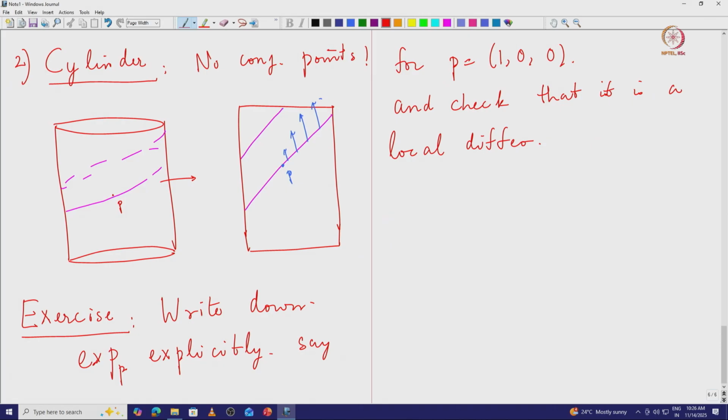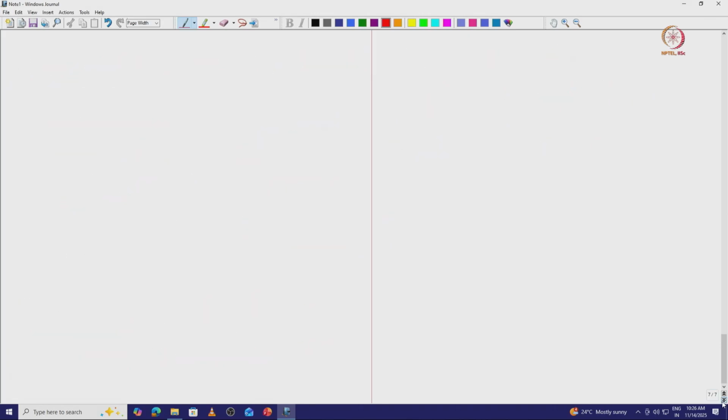Alright, so that brings me to the main result on conjugate points. So here is the proposition. So this is a baby version of the index theorem. There is a vast generalization called the Morse index theorem, which is beyond the scope of this course, but this is a simpler, easier version of that, okay.